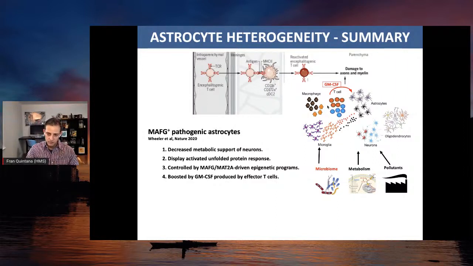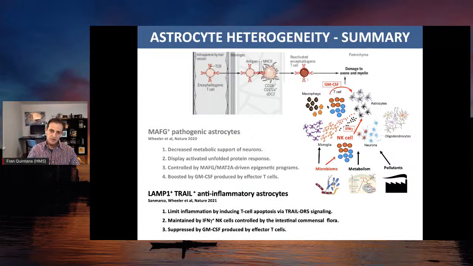This is one example I wanted to share with you. The second example I wanted to share with you is a population that seems to be doing exactly the opposite. And indeed, these two populations seem to be balancing inflammation within the CNS. The second population we identified is characterized by the expression of the pro-apoptotic molecule TRAIL on the surface.